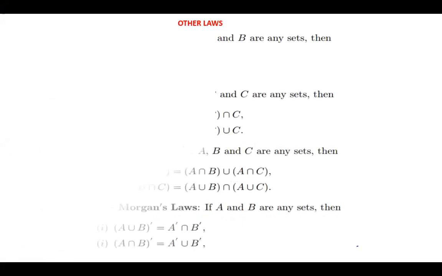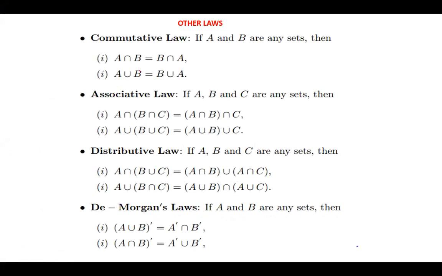The other set laws that we can also talk about are the commutative law. Sets are also part of mathematics, so we expect them to obey all the other laws of mathematics, like the commutative law, meaning the arrangement: whether you start with A and end with B, or you start with B and end with A, you still get the same answer.